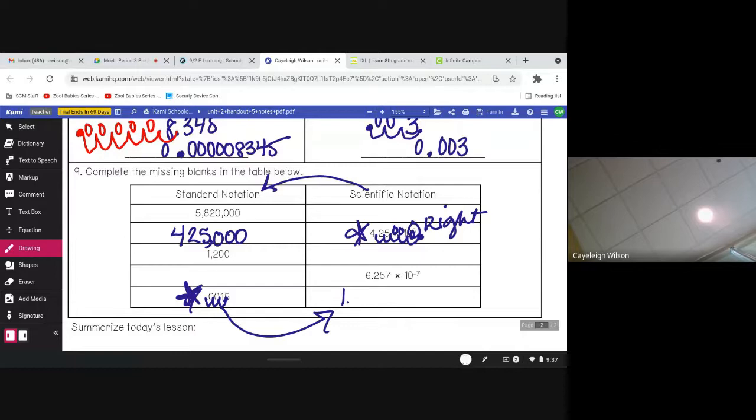So it's going to be 1.5 times 10 to the negative 3. And you can always back check yourself. If you put 10 to the negative 3, you know that means left 3. So 1, 2, 3, which is the same number you started with. So you can just back check yourself converting them to each other. Are there any questions on this?